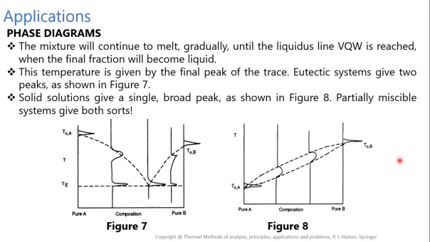The mixture will continue to melt gradually until the liquidus line QW is reached, when the final fraction becomes liquid. The temperature is given by the final peak of the trace. A eutectic system gives two peaks, as shown in figure 7. Solid solutions give a single broad peak, as shown in figure 8, and partially miscible systems give both sorts.